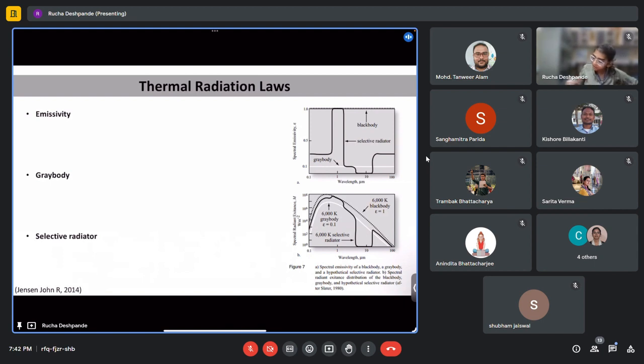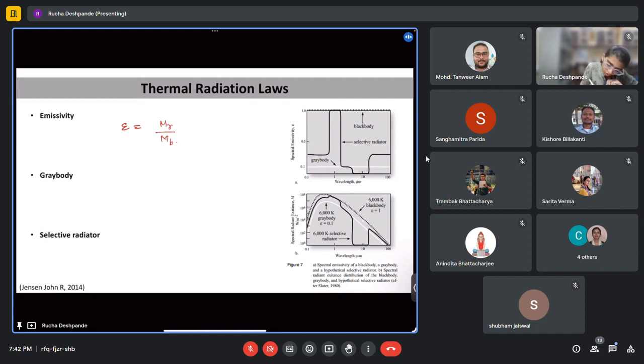So emissivity is the ratio of actual radiance emitted by a body to that of the black body at the same temperature. So epsilon is Mr by Mb, the spectral radiance of the real world object over the black body.